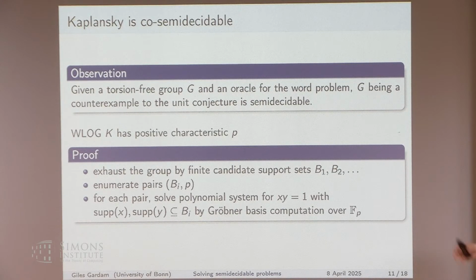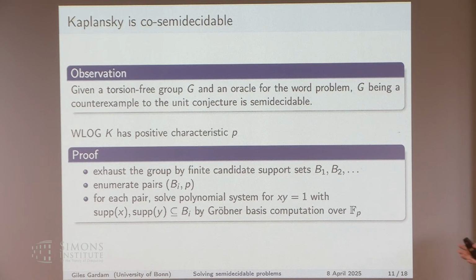Okay, and so why is it co-semidecidable? Well, I can just exhaust my group by finite candidate support sets. I've called them B1, B2, and so on because a natural way of picking this exhaustion was to take balls, metric balls in this Cayley graph, which in other words is just saying for increasing values of some radius r, I'm considering all elements of the group which are a product of at most r generators and their inverses.